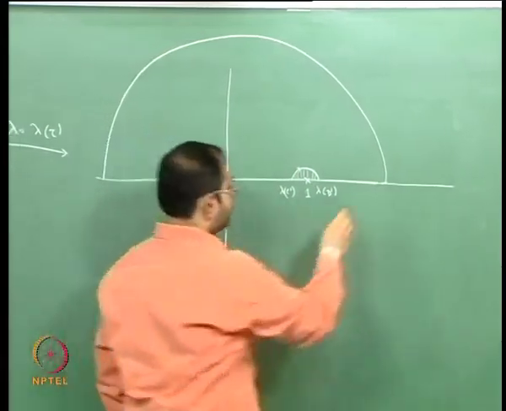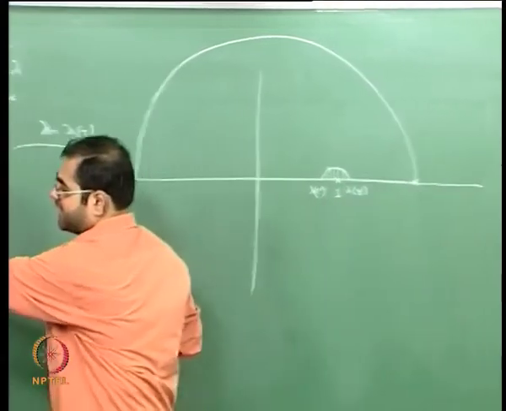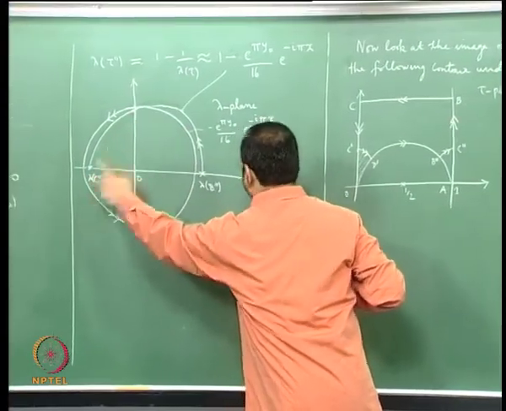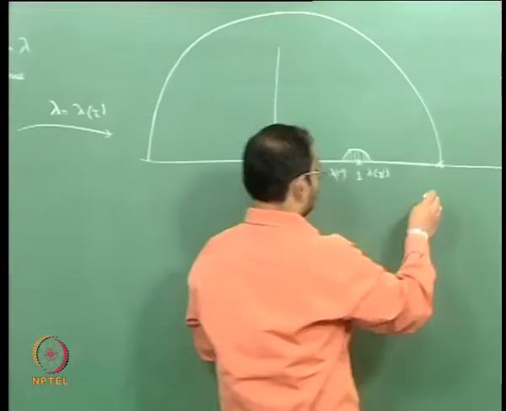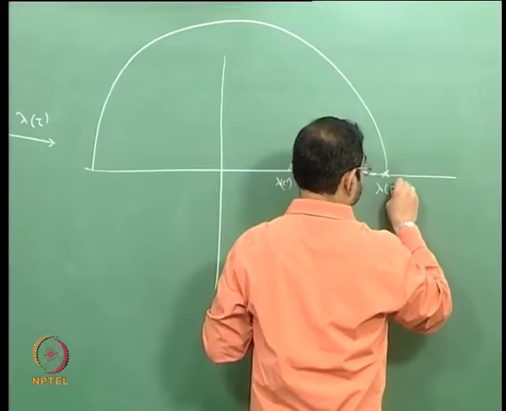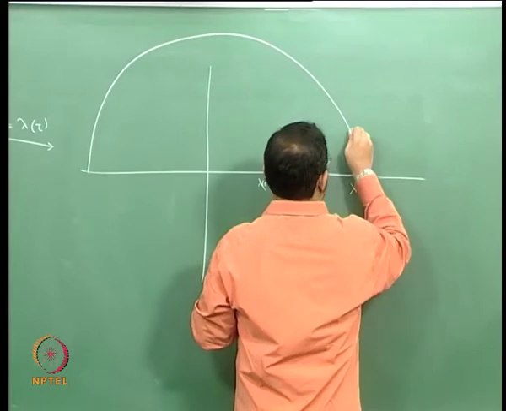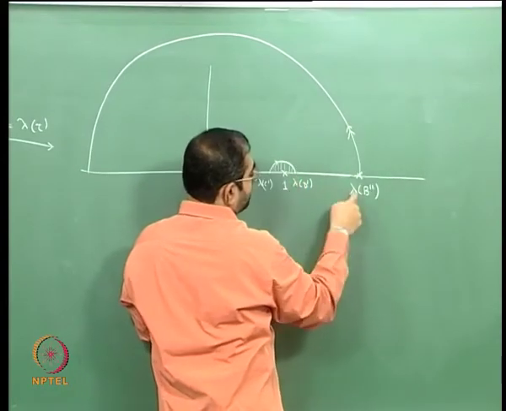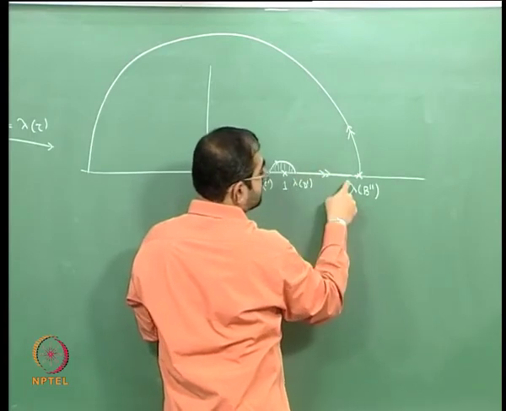So in this diagram, this is lambda B double prime, approximately going to lambda C double prime. It goes on like this, and from lambda D prime to lambda B double prime I am still on the real axis.